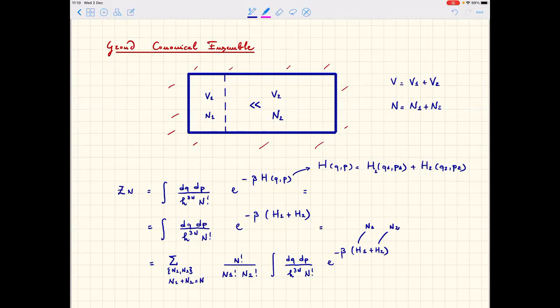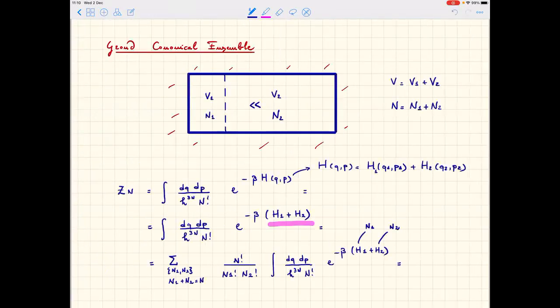In the previous expression, the number of particles in volume 1 and 2 could fluctuate, could change. Once we rewrite things in the way in this bottom line, then the number of particles in 1 and 2 is fixed.